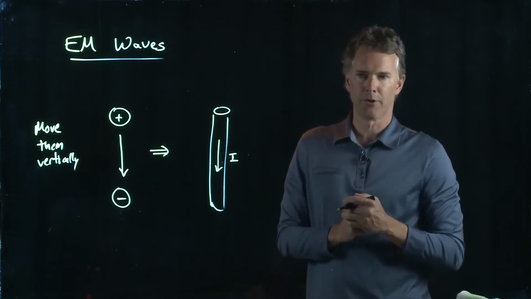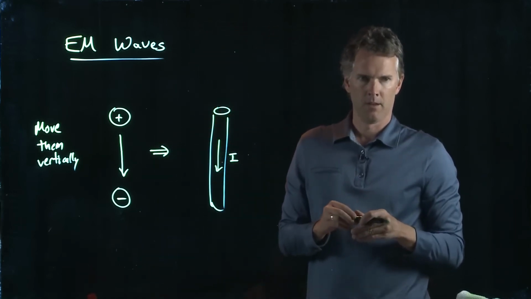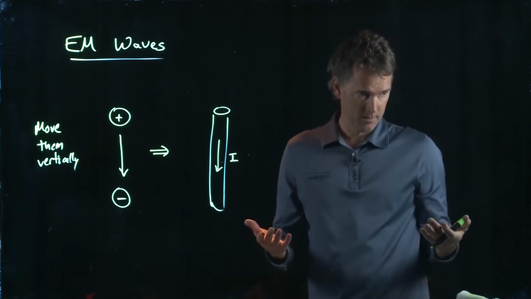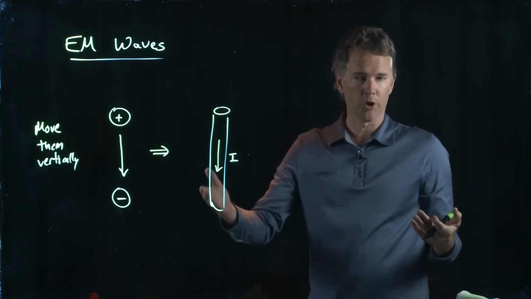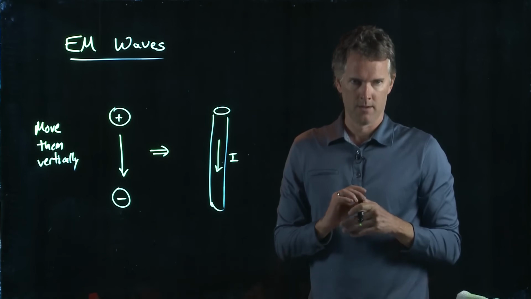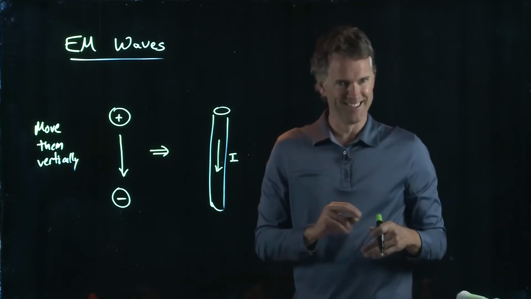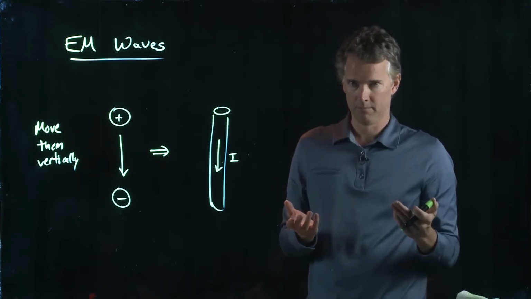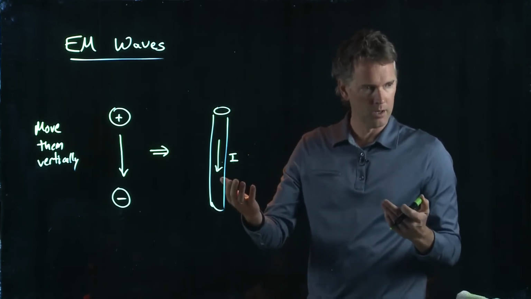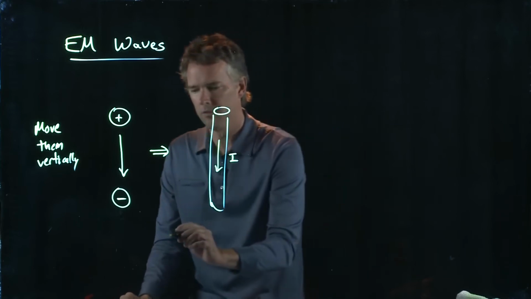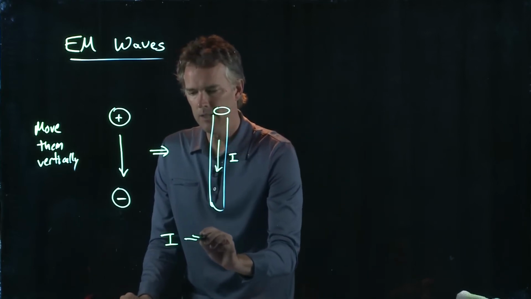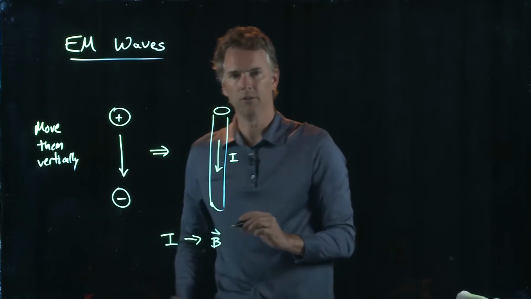What happens when we have current? What do we generate when we have current in a wire? It was the title of a couple chapters ago. Magnetic fields, right? If we have current, we have magnetic fields. I leads to magnetic fields B.